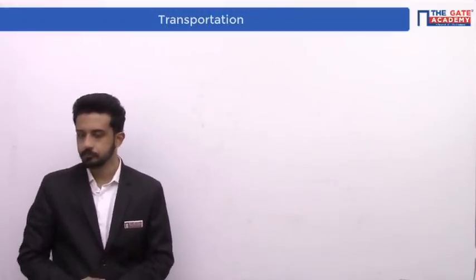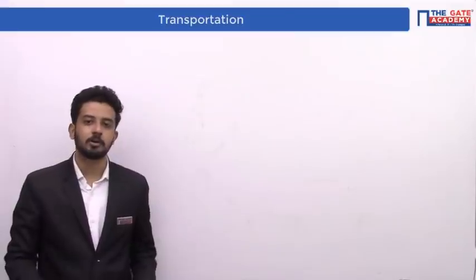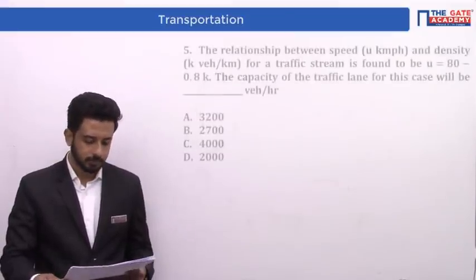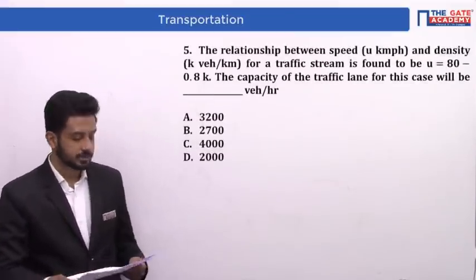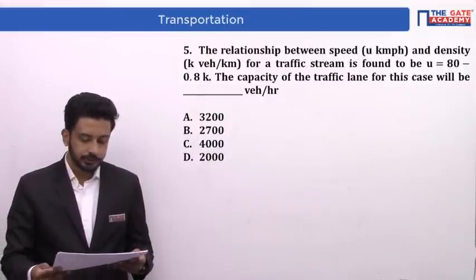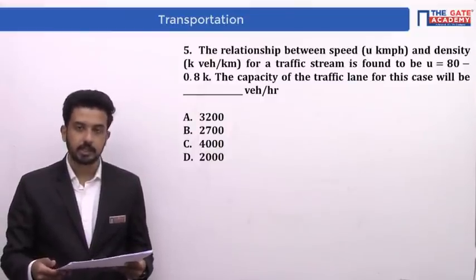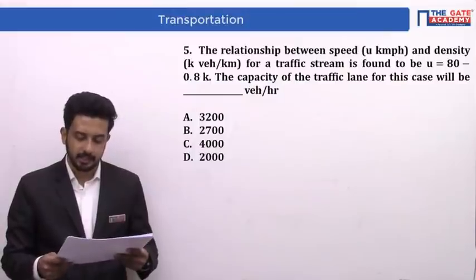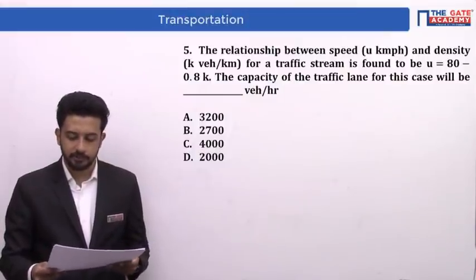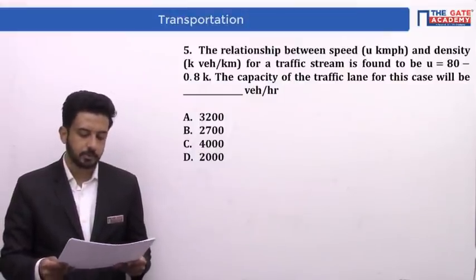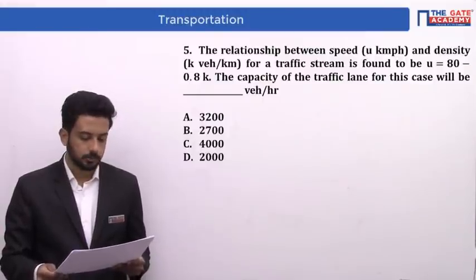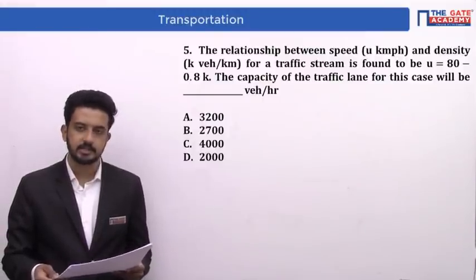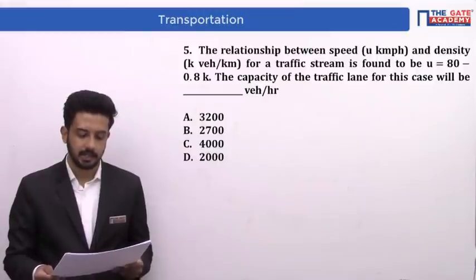Okay. Now we will move on to the next question. Let's read the question. The relationship between speed u and density k for a traffic stream is found to be u is equal to 80 minus 0.8k.